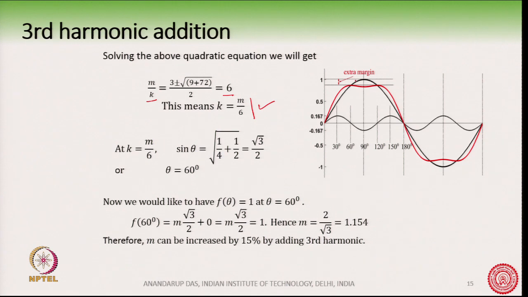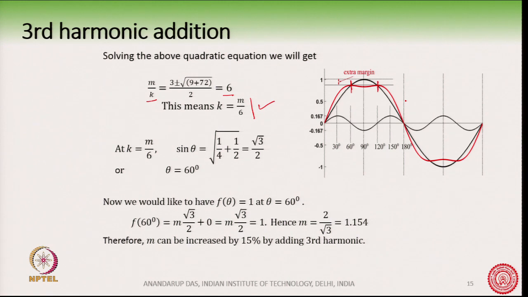Which means that this maximum will happen at theta equal to 60 degree, as you can see in this curve, that at theta equal to 60 degree we see, and also at theta equal to 120 degree, that is here, we see that the resultant waveform is actually maximizing.